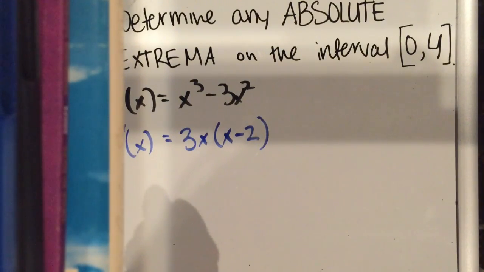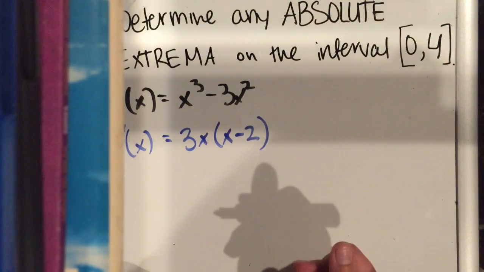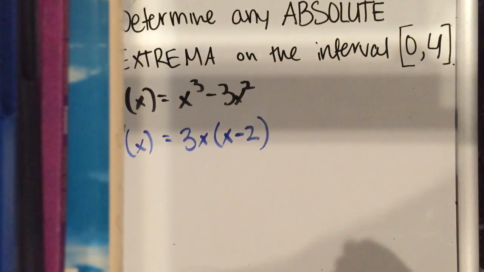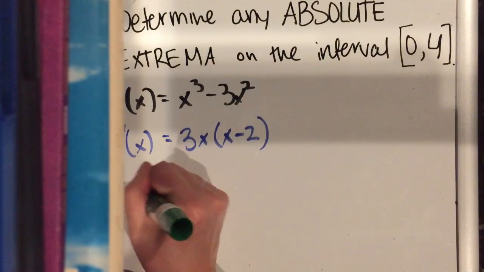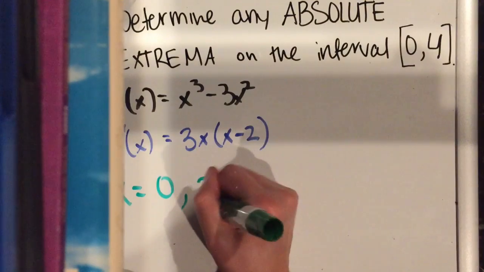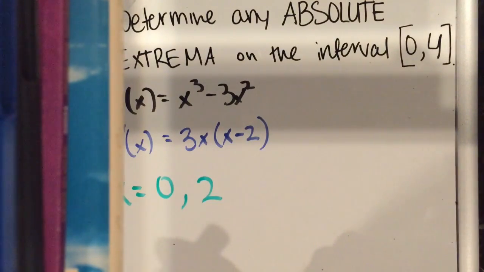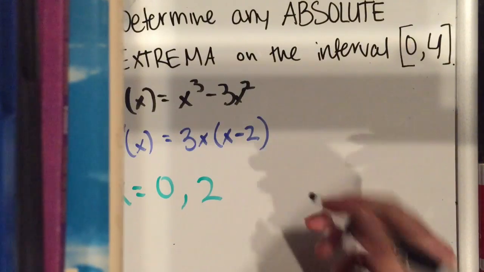But then we have to set this equal to 0 and then solve for x so we get the critical numbers. The critical numbers we get are x is equal to 0 and 2. From here, we have to plug these into the original equation.